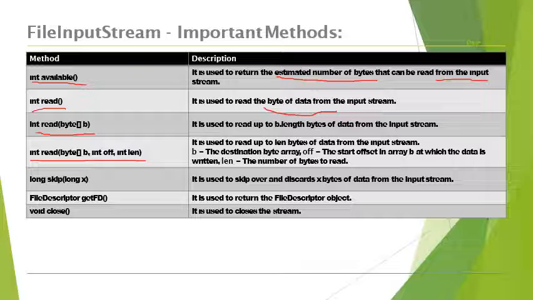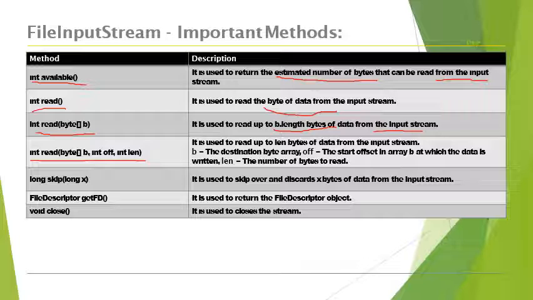It will read the byte data from the input stream. With byte[] b, that is the buffer, it will return b.length bytes of data from the input stream. So how much data is in the buffer, it will return all that value in this method.